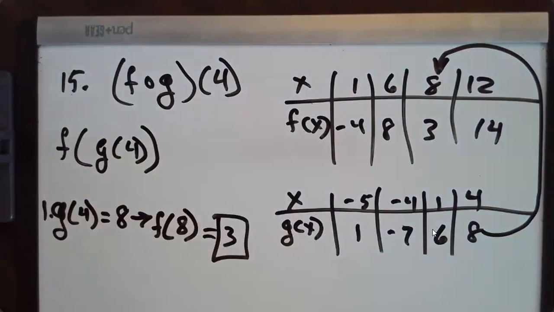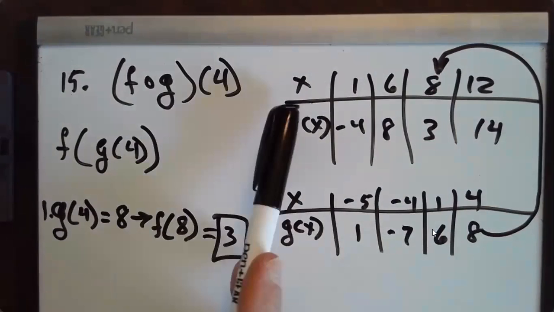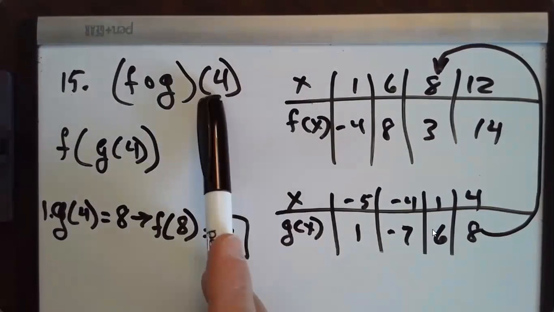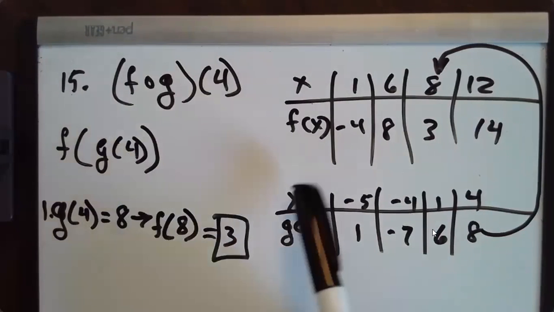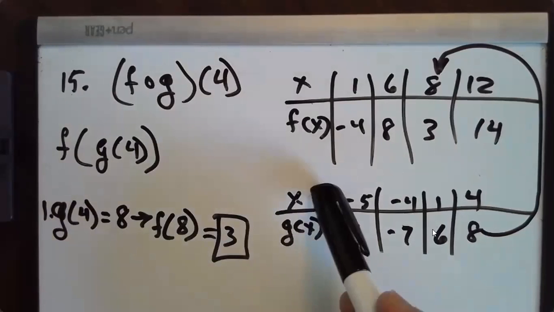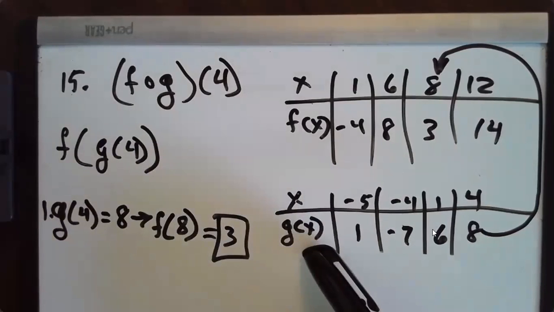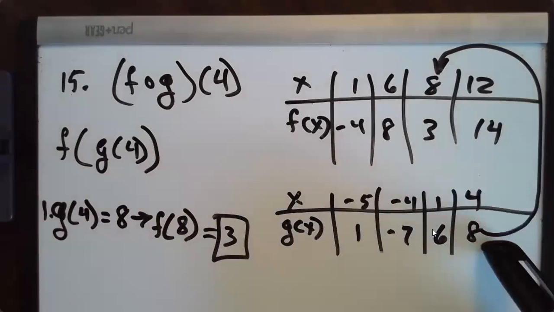How did you get the 8 again? You start with this number here, the 4. So that's the input for g, right? So this x is the input for g. This is input, output. So the input for g is 4. The output for g is 8.